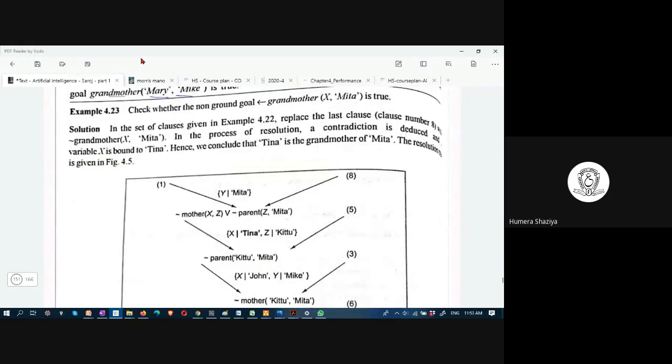There is another problem where X is grandmother. We have to check the non-ground goal. This is a non-ground goal where we have to check whether X is grandmother of Mita is true or not. To check that, we are starting again with these clauses.